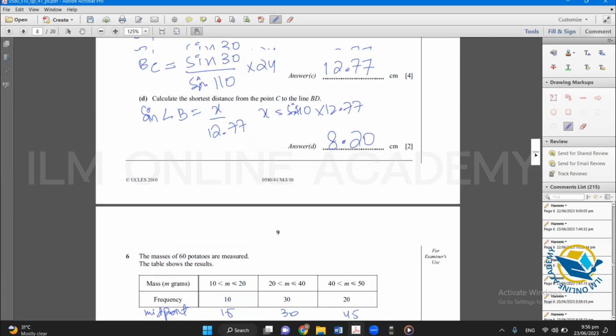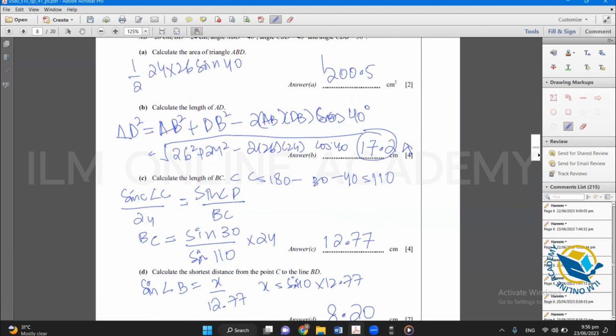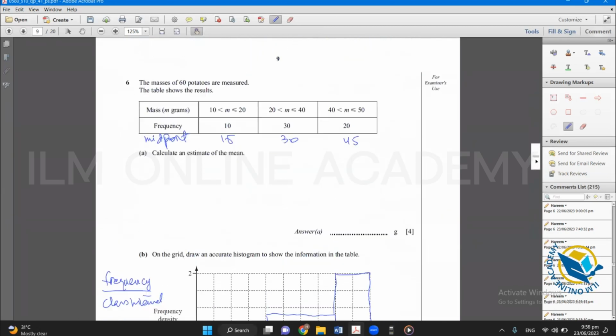Okay, so that's it for question number 5. It's quite an easy question and the formulas are quite simple. Now question number 6. Question number 6 says that the masses of 60 potatoes are measured, and the table is showing the results. 10 potatoes have a mass from 10 grams to 20 grams.